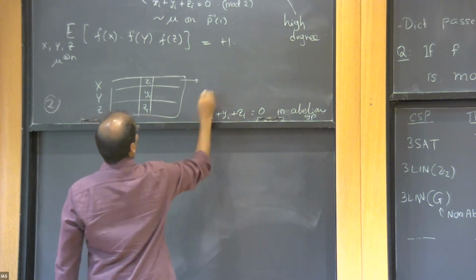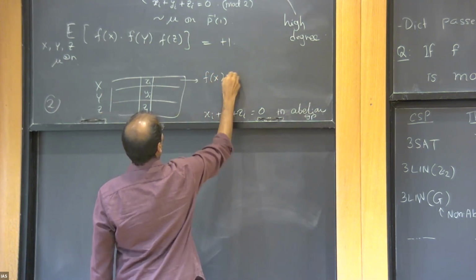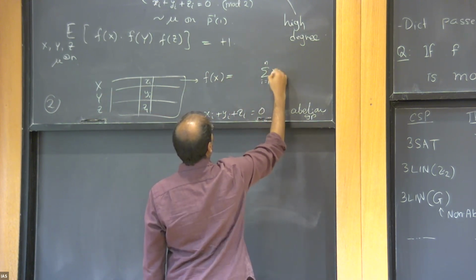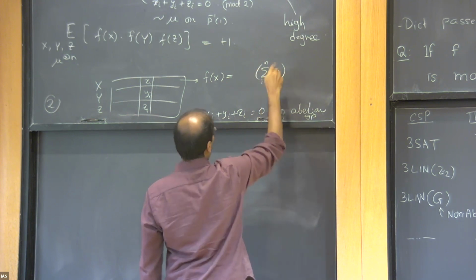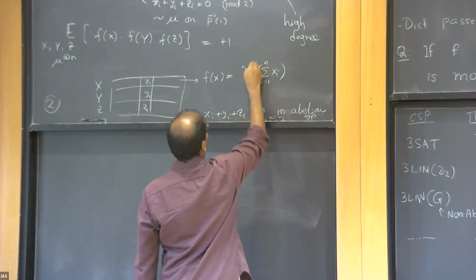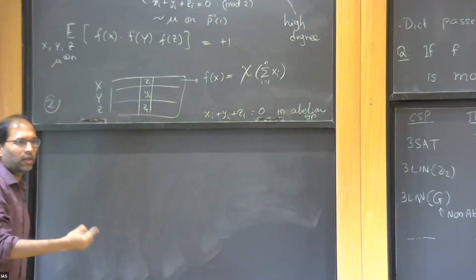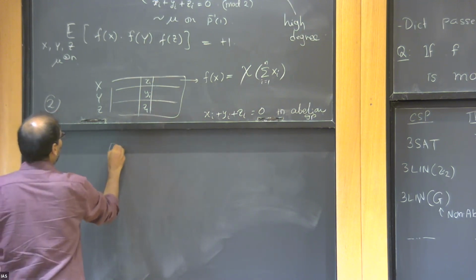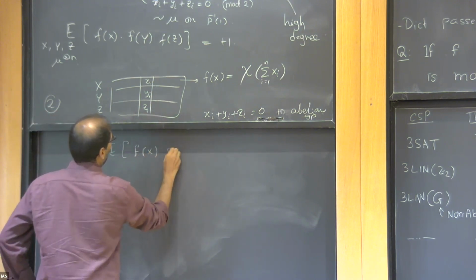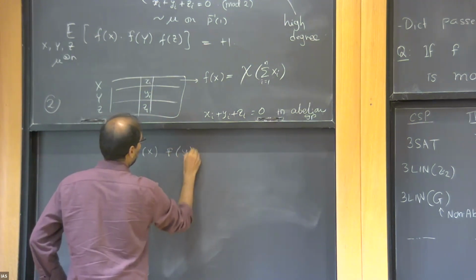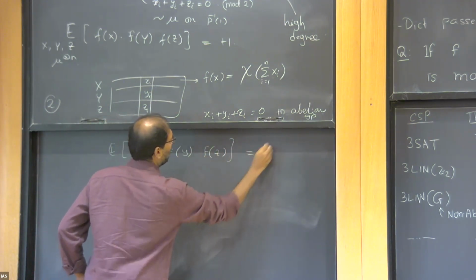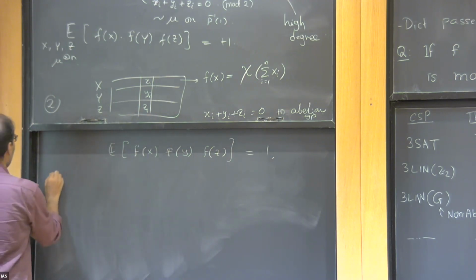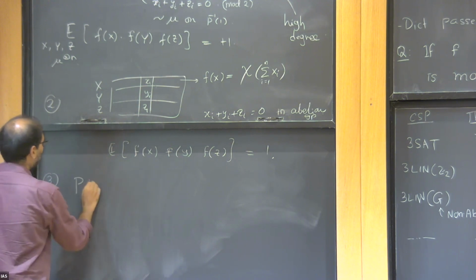I could take my function f of x to be the sum of the elements xi, i equals 1 through n, in the group, and then apply some standard one-dimensional character of the abelian group. And I will get the same thing: the expected value of f(x)f(y)f(z) will be 1.